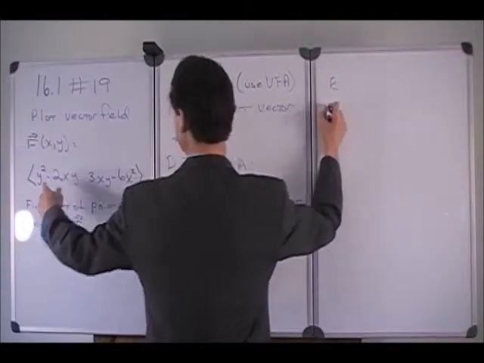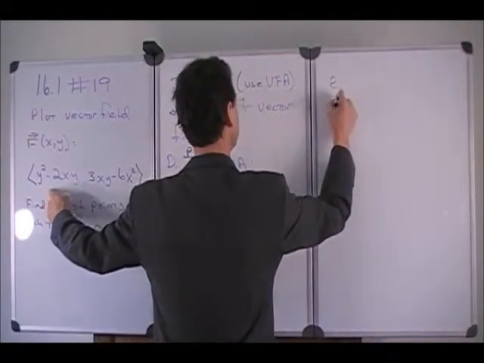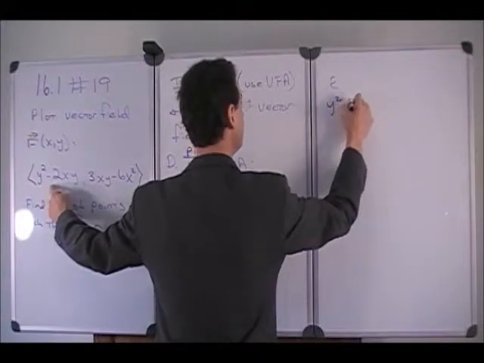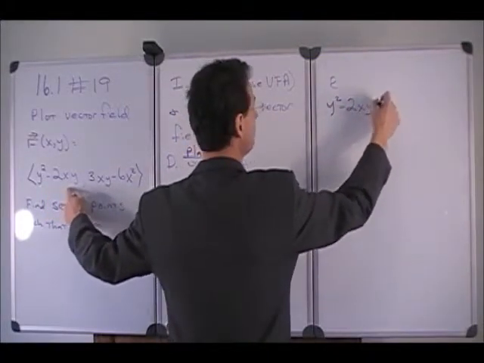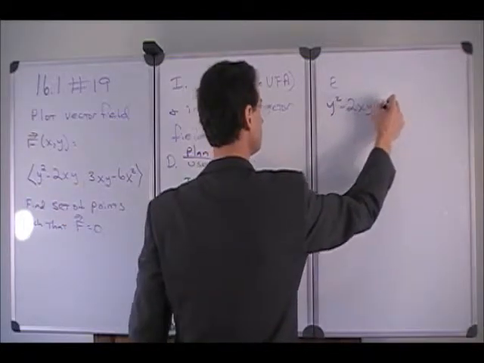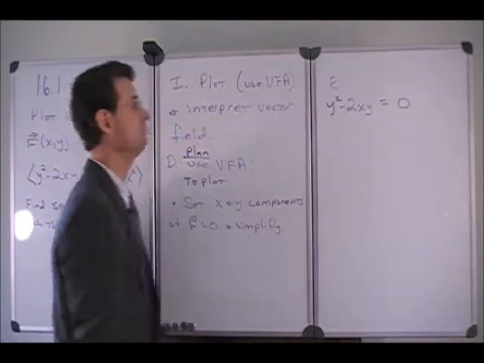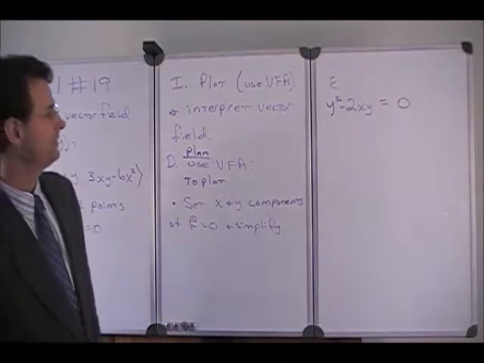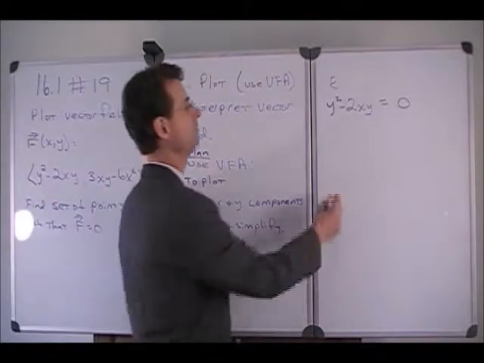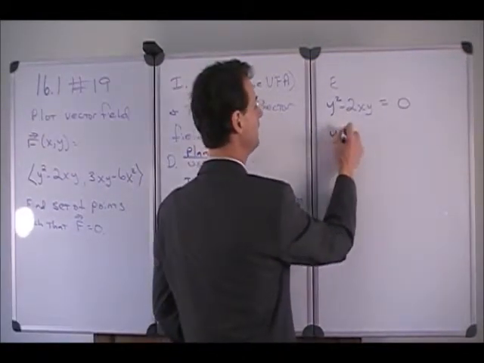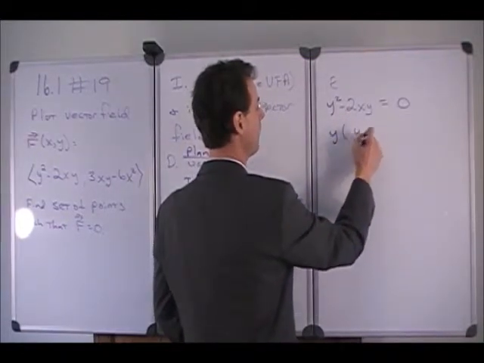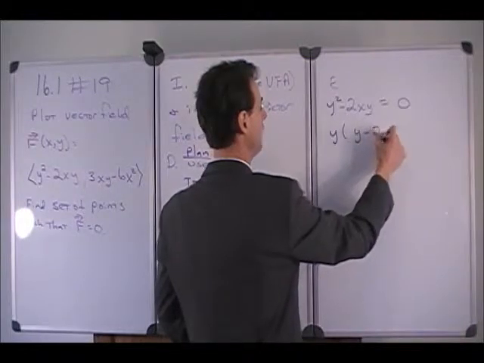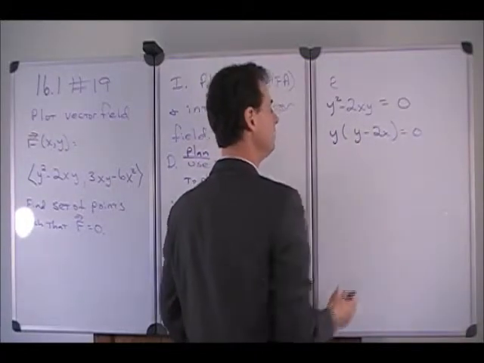So the x component basically says y squared minus 2xy. This is the x component of the vector field. If we set this equal to 0, well, we can factor this a little bit, right? We can factor out a y. And so this is y times (y minus 2x) equal to 0.